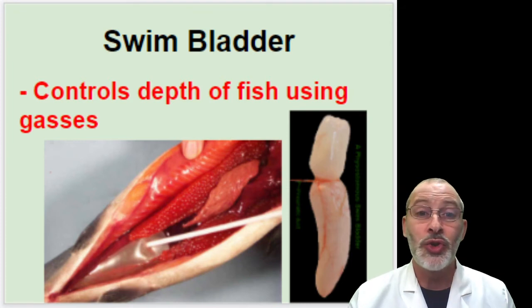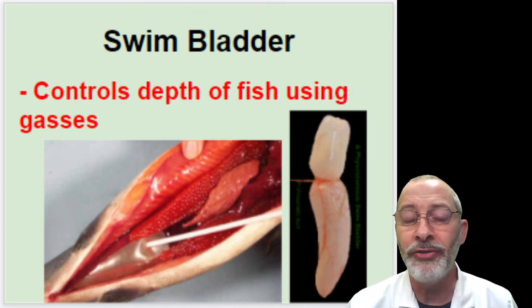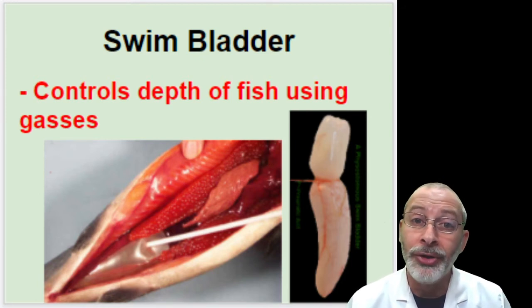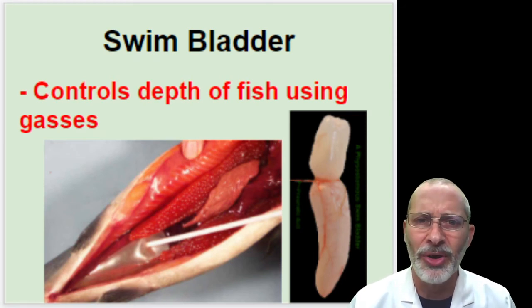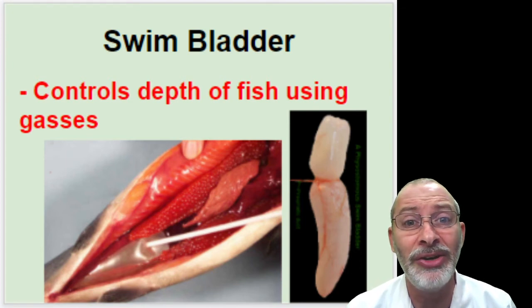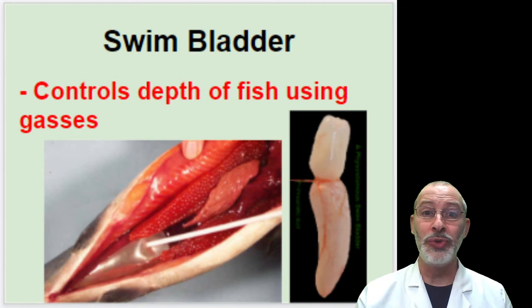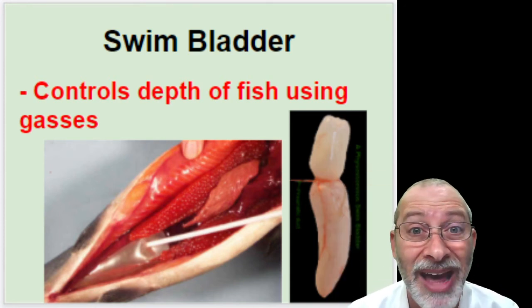If you've ever gone swimming in a pool, maybe with friends, maybe you've tried to swim underwater. You may notice that it's a little bit difficult to swim down deep when you have a lung full of air, because the air causes you to be buoyant and you rise to the surface of the water, which isn't a bad thing, by the way.